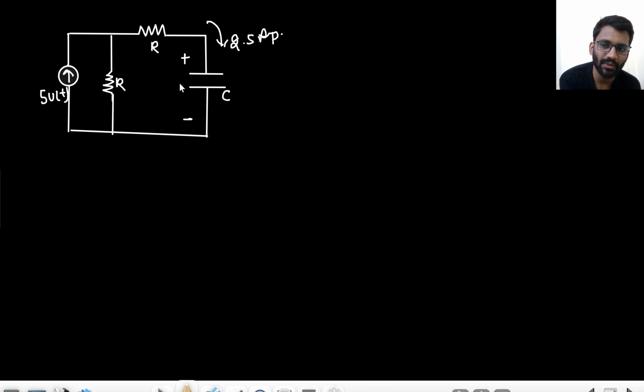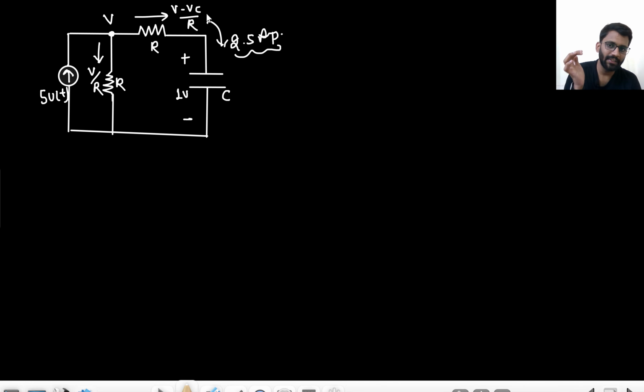Let's assume it is charged to some voltage, that is 1 volt. So now what will happen? Here we have V volt. Initially 2.5 ampere current was coming, right? Now what is happening? This is driving some V by R ampere current, and this is driving some V minus Vc by R, right?